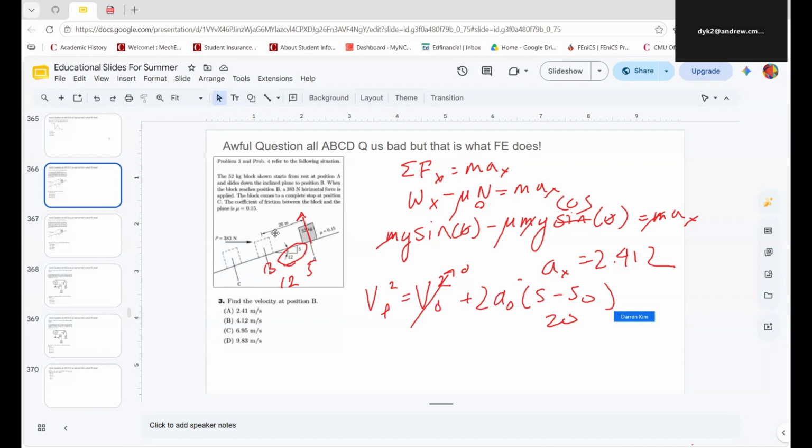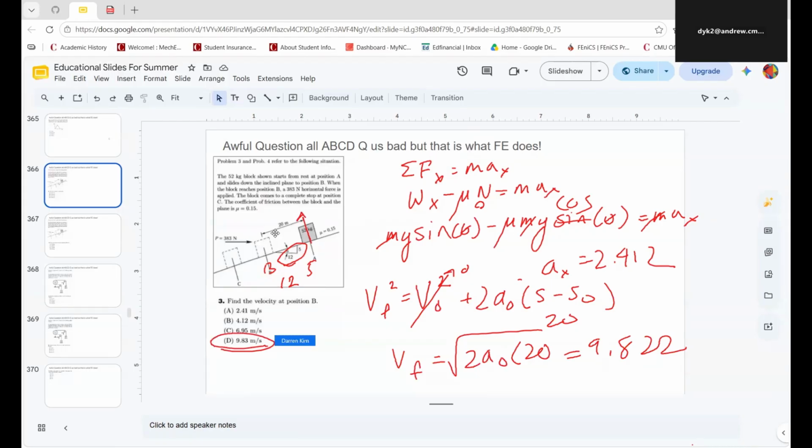So that means VF equals square root of 2 a_x multiplied by 20, I believe. 2 multiplied by 2.412 multiplied by 20 equals about 9.822. That is V, so about a D.